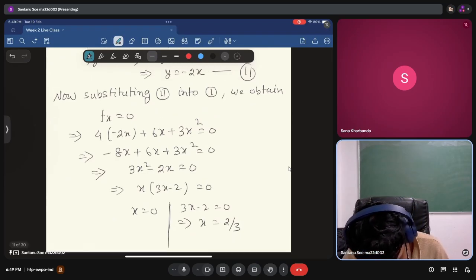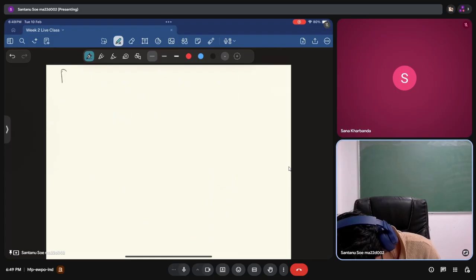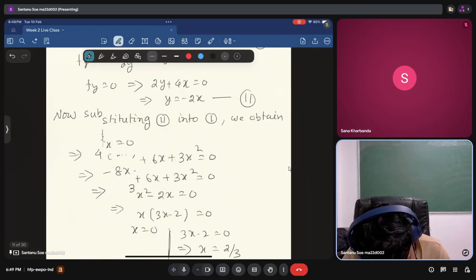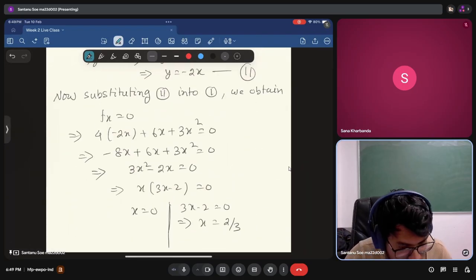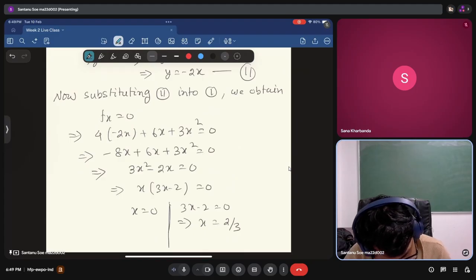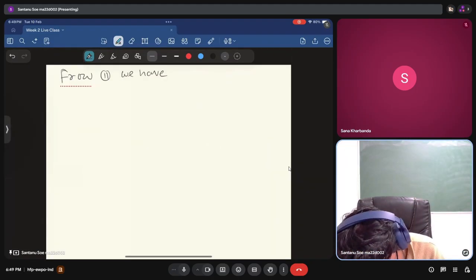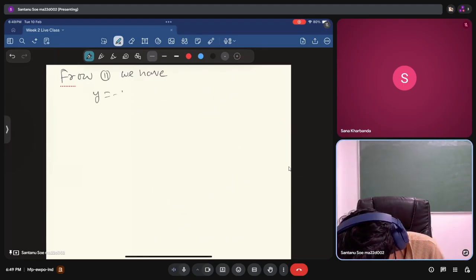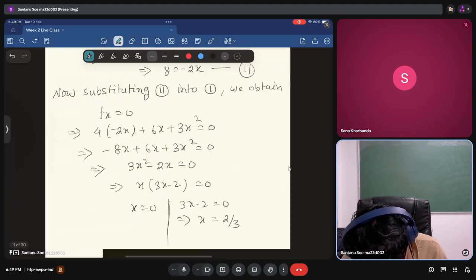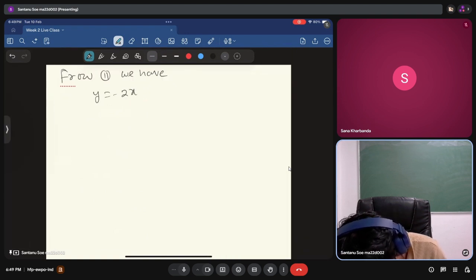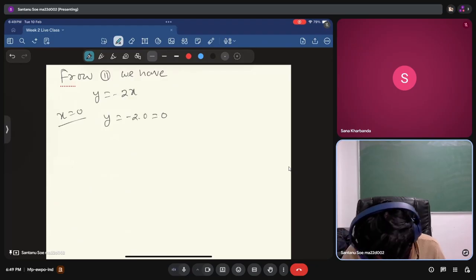Okay. Now for x we have got two solutions. One is 0 and another is 2 by 3. So we have to substitute these two values in 2, not 1, and y was minus 2x. So when x is 0, y will be minus 2 times 0, that is 0.